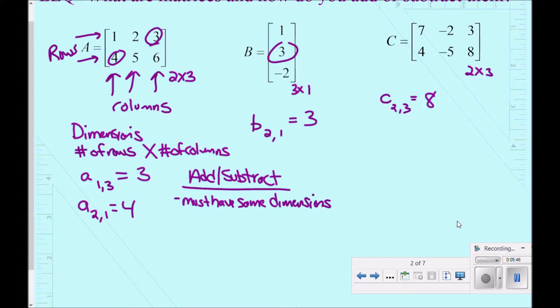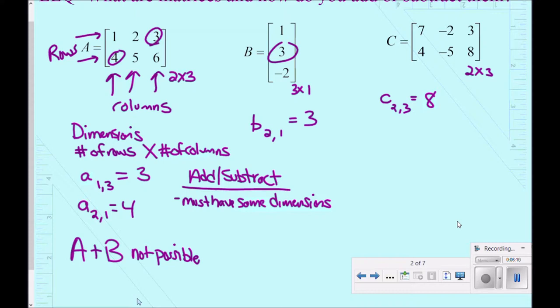So if I ask you to find A plus B, well, we already said 2 by 3 and 3 by 1, they're not the same. So because they're not the exact same dimensions, I would say not possible. It's not possible for me to add or subtract matrices when the dimensions are not the same.